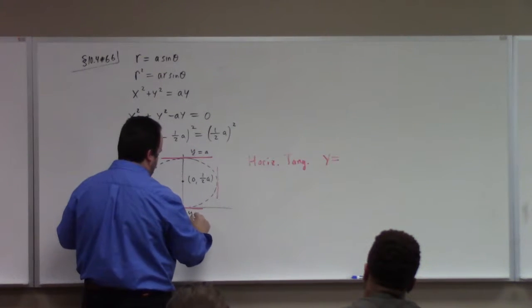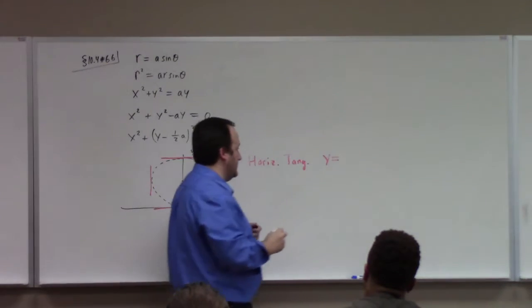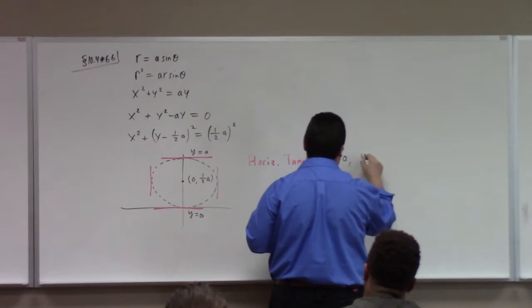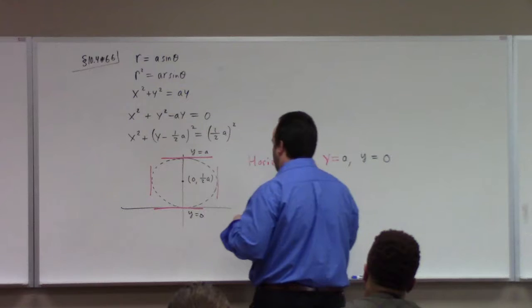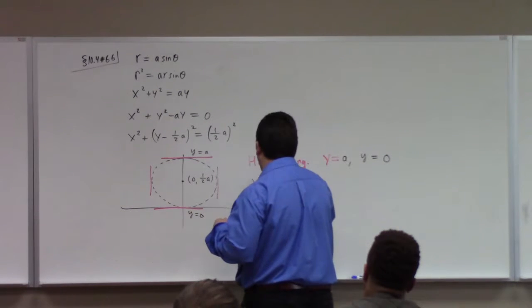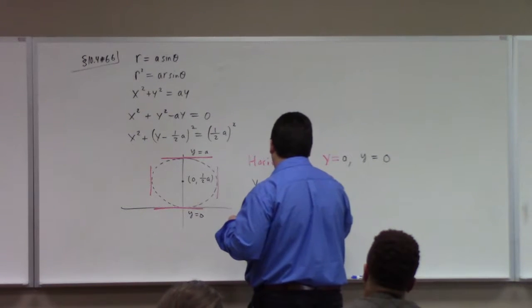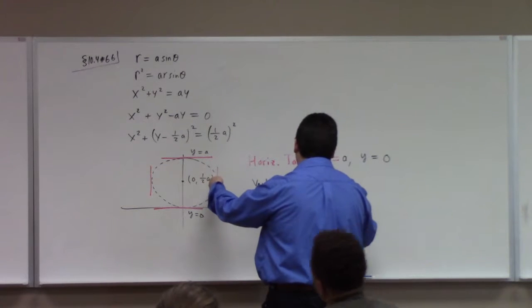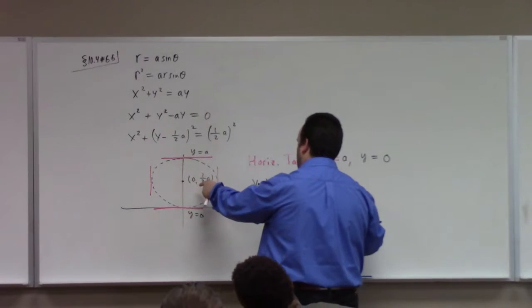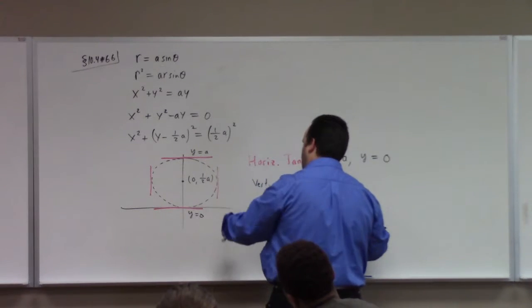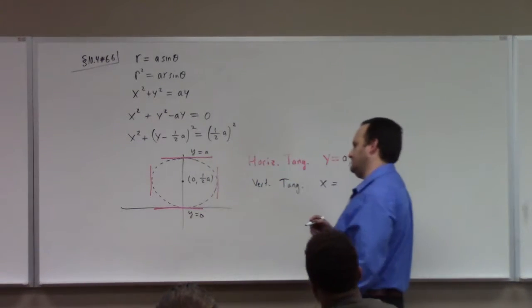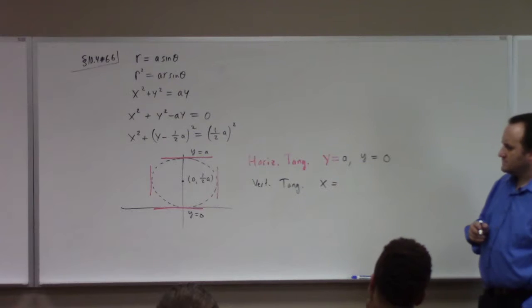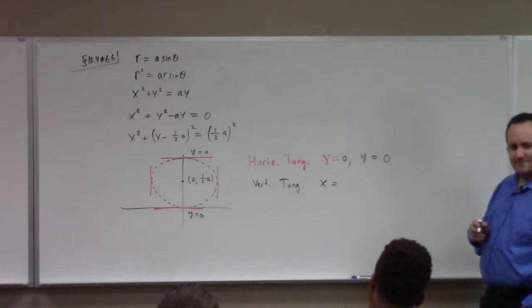This is y equals 0. And the vertical tangents, that would be x equal to what?